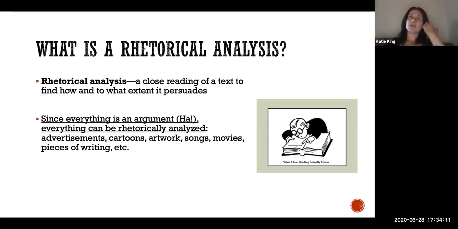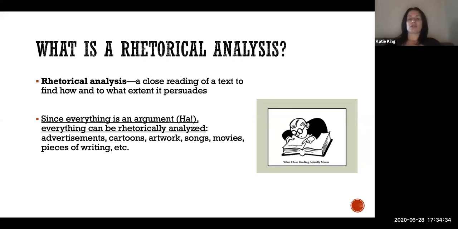So the example I always like to use that'll help you remember what a rhetorical analysis is in everyday life is to think about when you watch a movie with your friends, whether you go to the theater or maybe you watch a movie in your living room together, and the movie ends. Let's say you really enjoyed the movie and your friend really hated it.